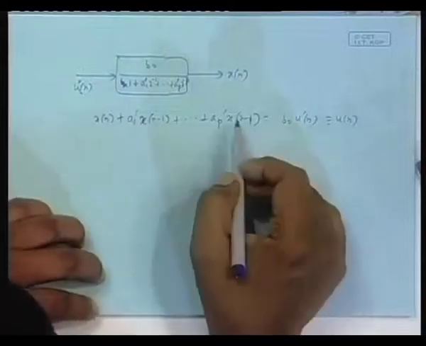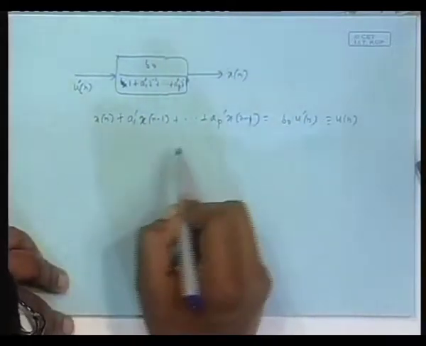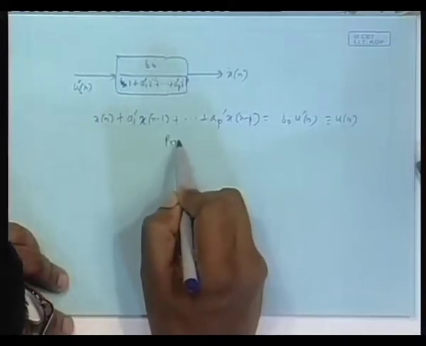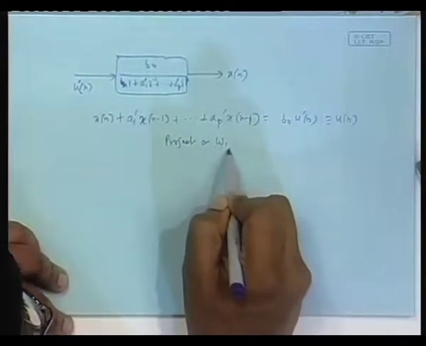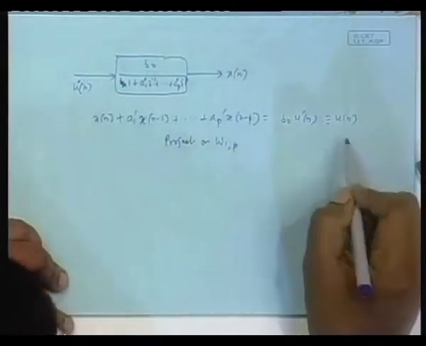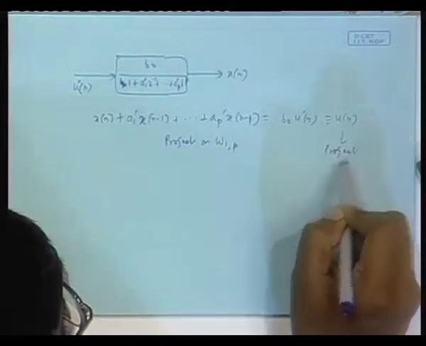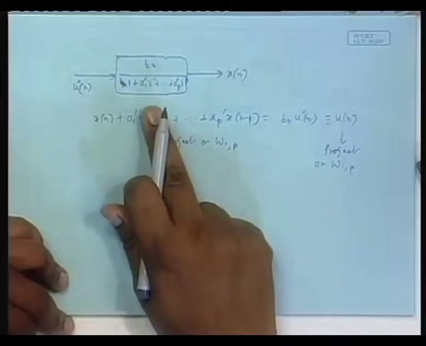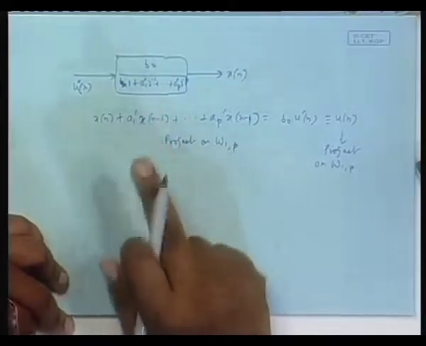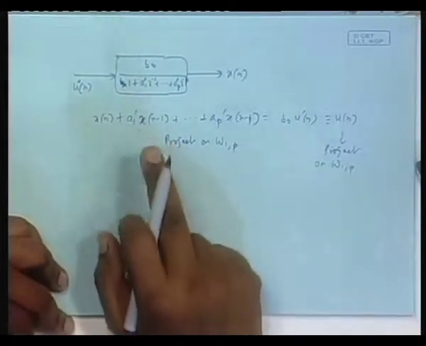To see that, suppose I take the left hand side and project it orthogonally on w 1 comma p. So, this also you project on w 1 comma p. I am assuming this model to be causal and stable, that is an assumption I am making.